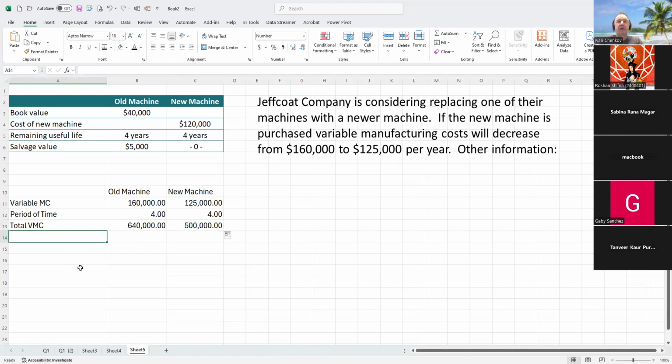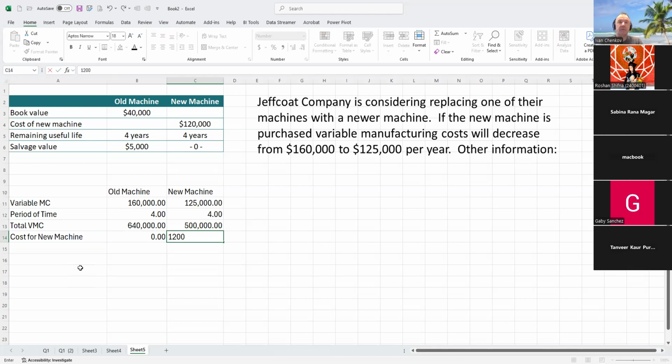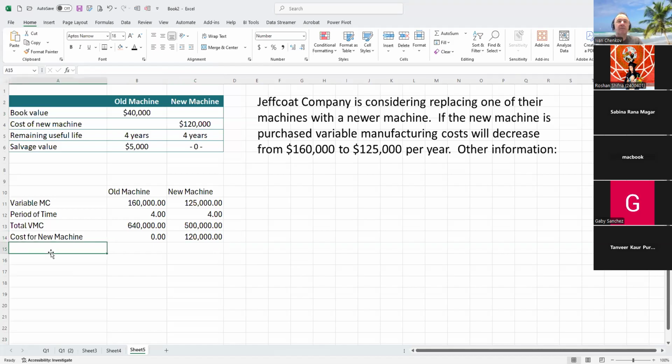Okay, this is my cost. What else do I have to do? I have to buy the new machine. Cost for the new machine. If I keep the old machine, my cost for the new machine will be 0, right? But if I buy the new machine, then I have to pay 120,000. Is there anything I can get? Salvage value.